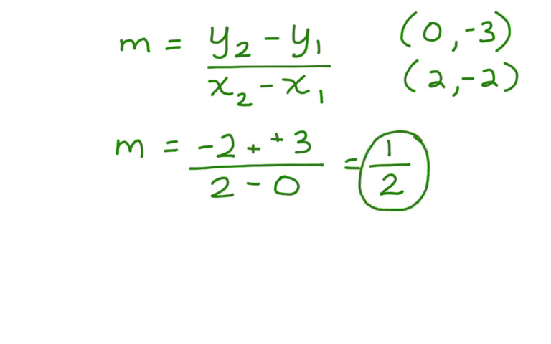Now if we multiply the slope of line A times the slope of line B, we should have a product of -1. Let's take a look. So we have the slope of A is -2, and the slope of B is 1/2.